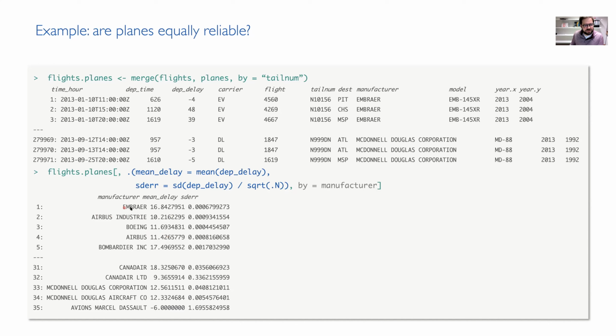Now, these are smaller airplanes here, like this Embraer and Bombardier. These are smaller planes, and these smaller planes have higher delays. Canadair is also smaller. So the smaller planes seem to have higher delays.